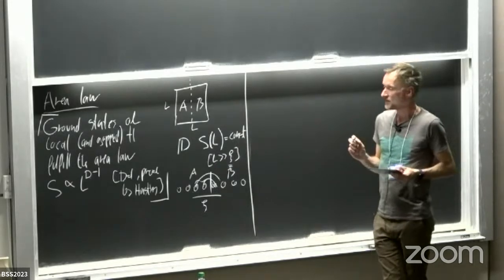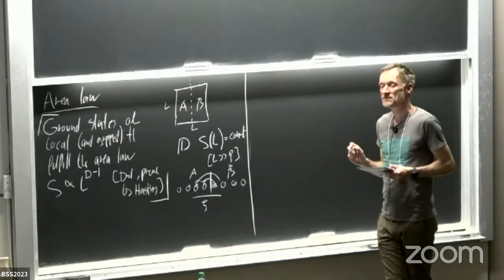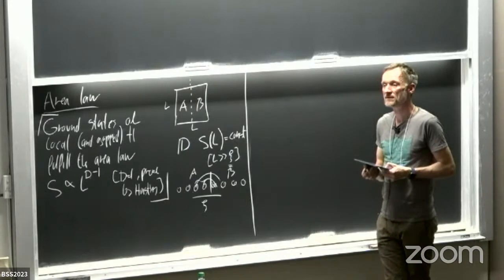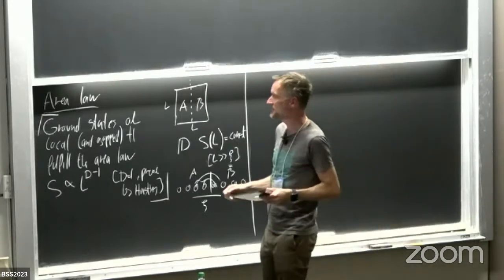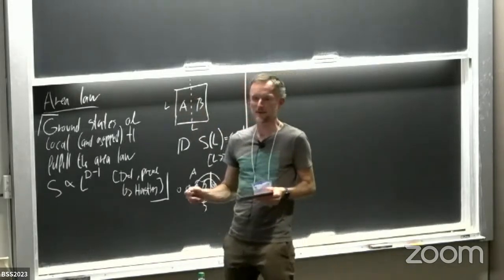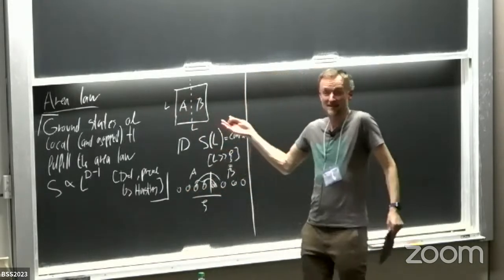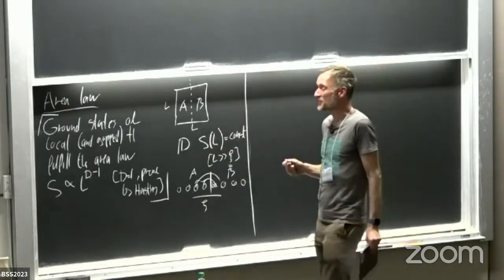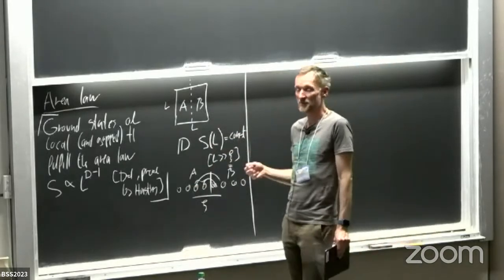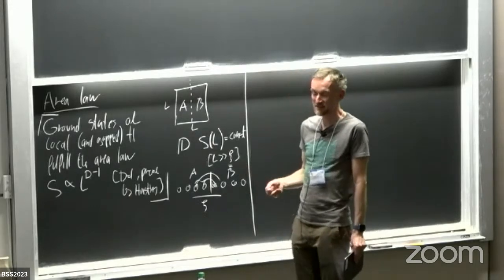Yes? No. So that's a good point. Right at the very beginning I said that when we ask what the entanglement of a state is, we have to be more precise: with respect to which kind of partition are we talking?